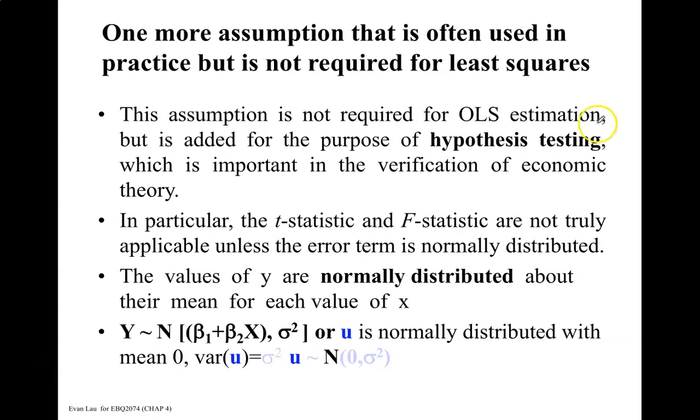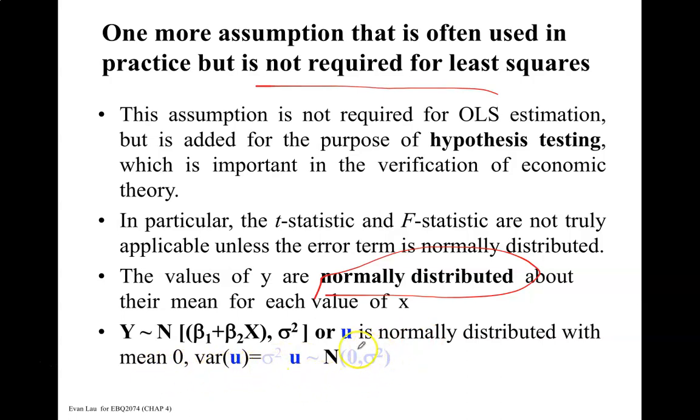One more assumption that's often used in practice, but not required for least squares, is normal distribution. The error term is normally distributed with mean zero and variance sigma square.